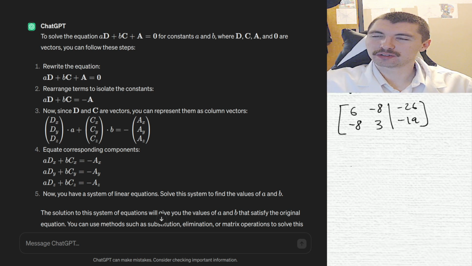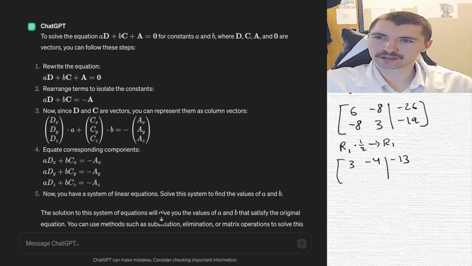Okay, so let's do some canceling. So let's do row 1 times 1/2 and put that back into row 1. So that will be 3, negative 4, negative 13. Okay.